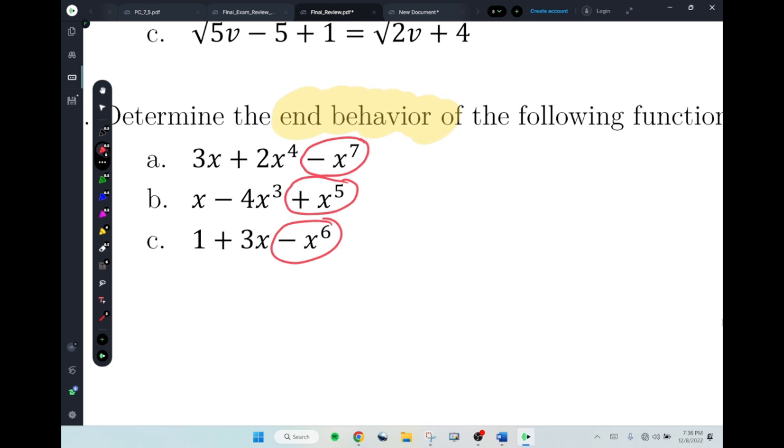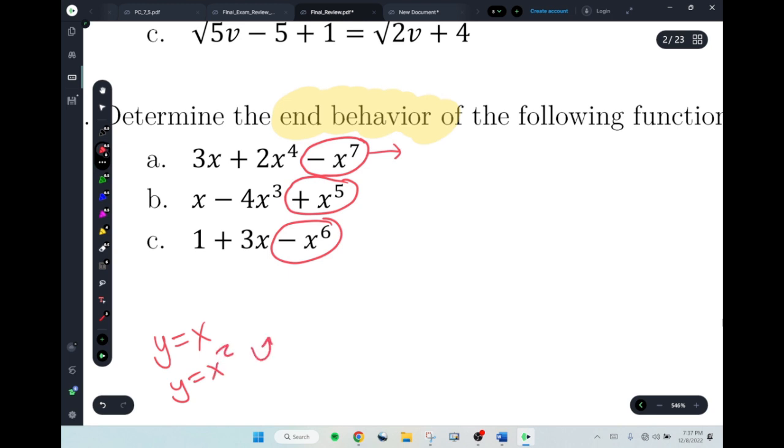Okay, so let's start with the first one and say line or parabola. Why line? Because it's odd. The rule is everything to do with the normal line and the normal parabola. The normal line is this, and the normal parabola is this. That's odd, that's even.